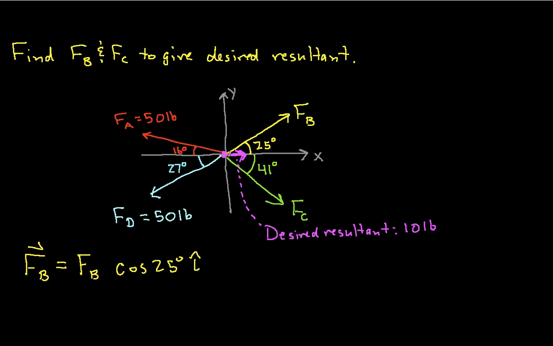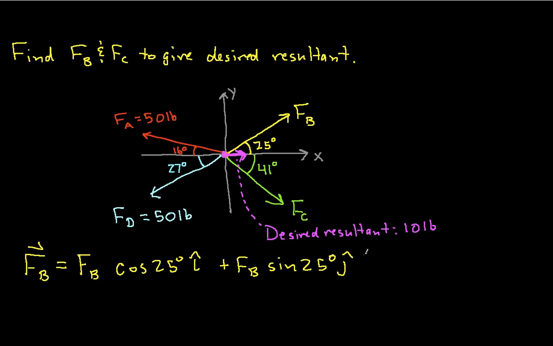That's basically projecting the hypotenuse FB onto the x-axis, plus FB sine 25 degrees j hat.